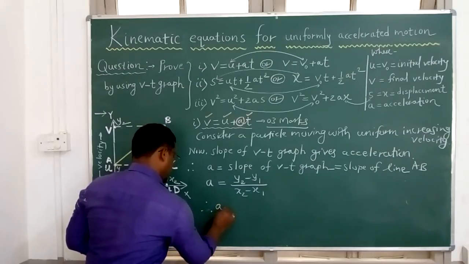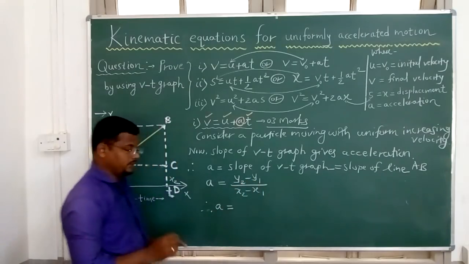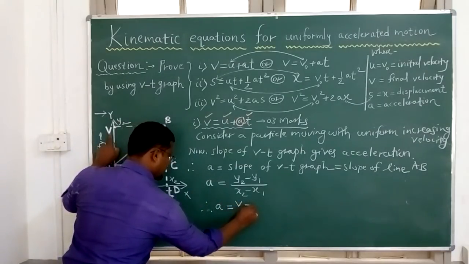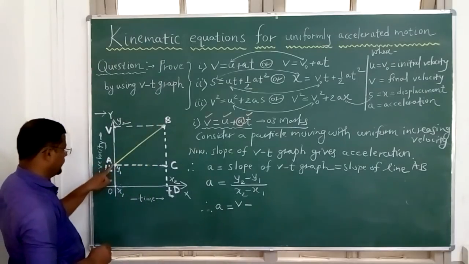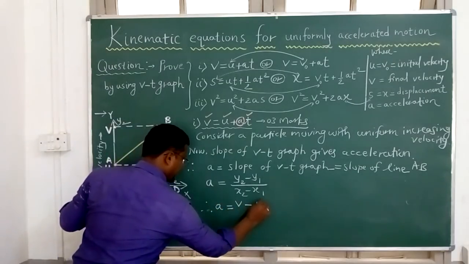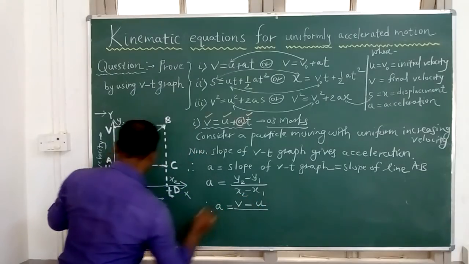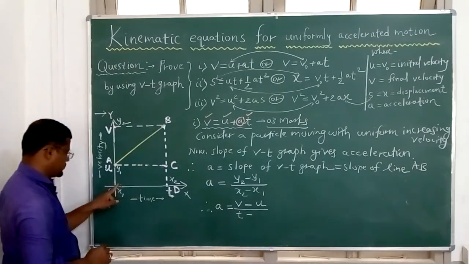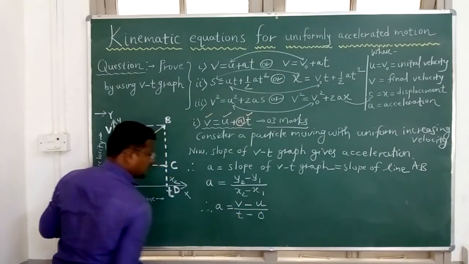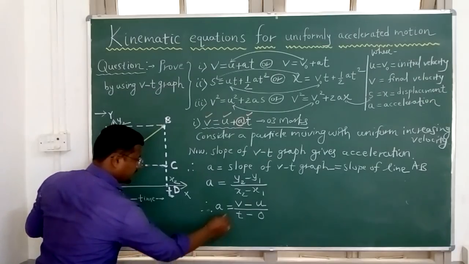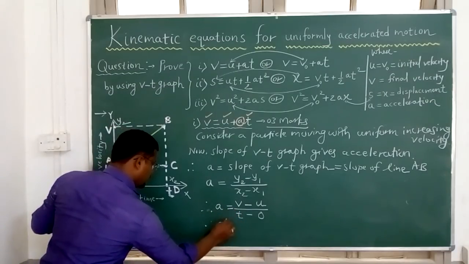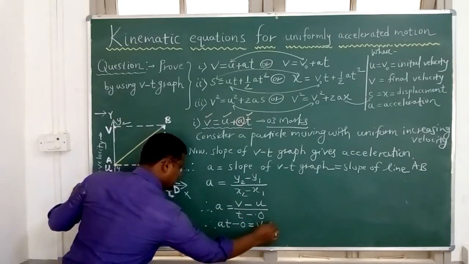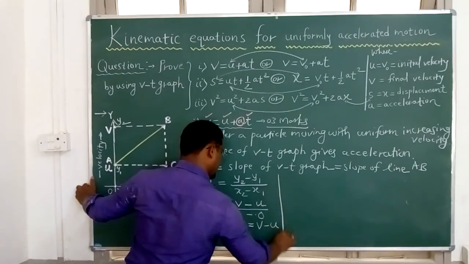I will write here acceleration is equal to y2 minus y1. What is y2 here? y2 gives me final velocity, v here, minus y1. What is y1? It gives me initial velocity, I will write it as u, divided by x2, which gives me final time, t here, minus x1. What does x1 give me? Initial time. Okay, so therefore a into t minus a into 0, which is 0, is equal to v minus u, and this gives my answer.